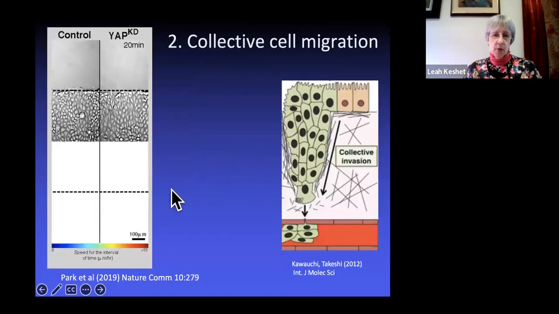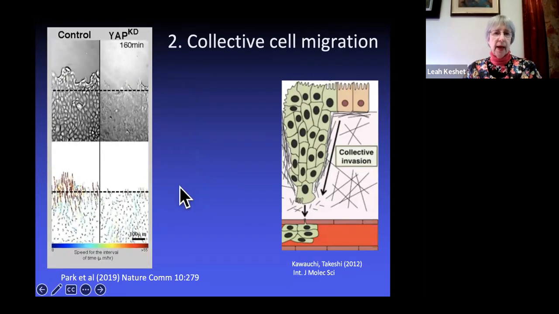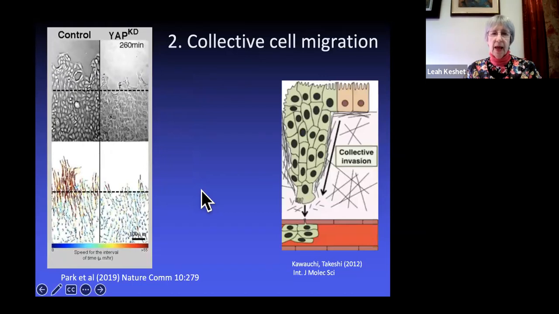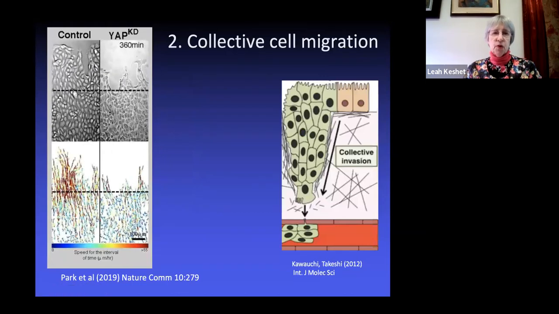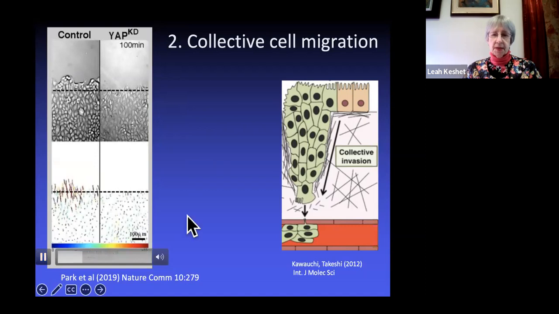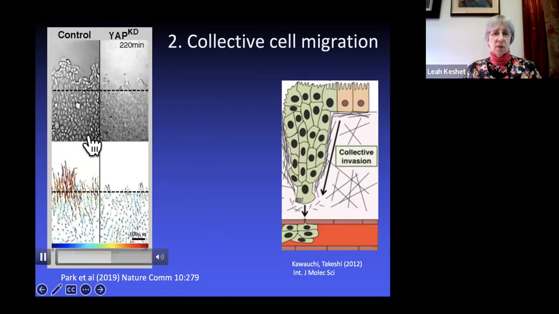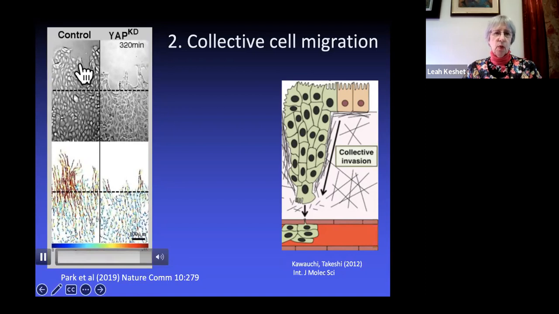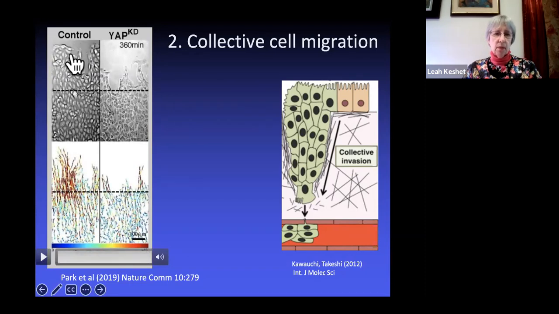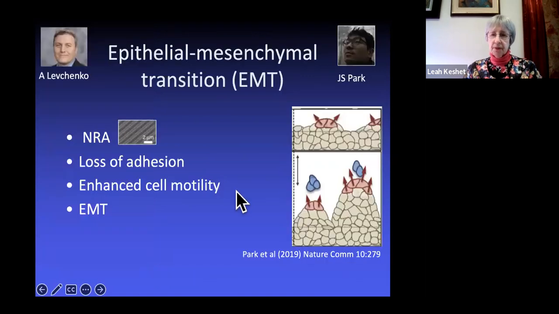A second example comes from work by Jin-Suk Park and Andre Levchenko, again the same lab as before, and has to do with wound healing and the transition between an epithelium and a mesenchymal state. What you're seeing here is a movie where you have many, many cells with an edge that migrates outwards, and occasionally, under some conditions, cells break away from the sheet.